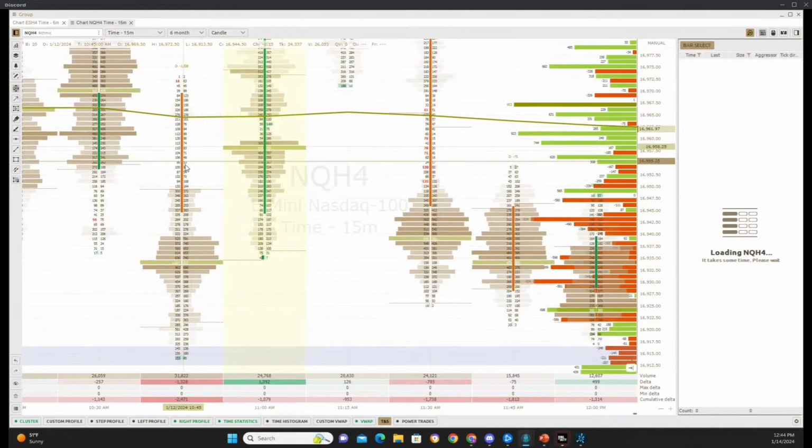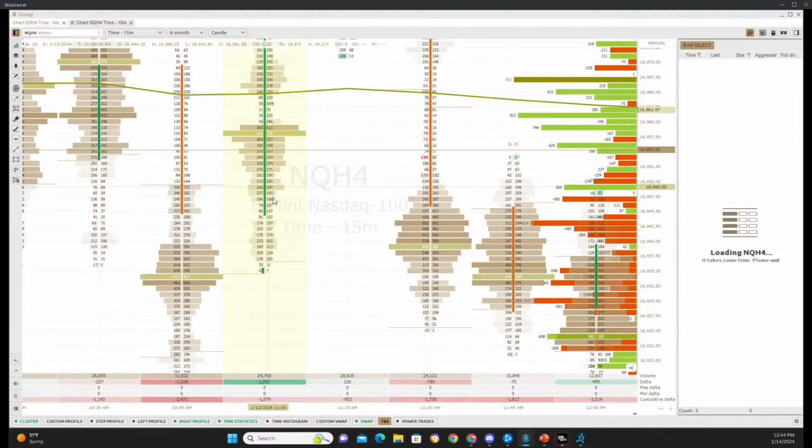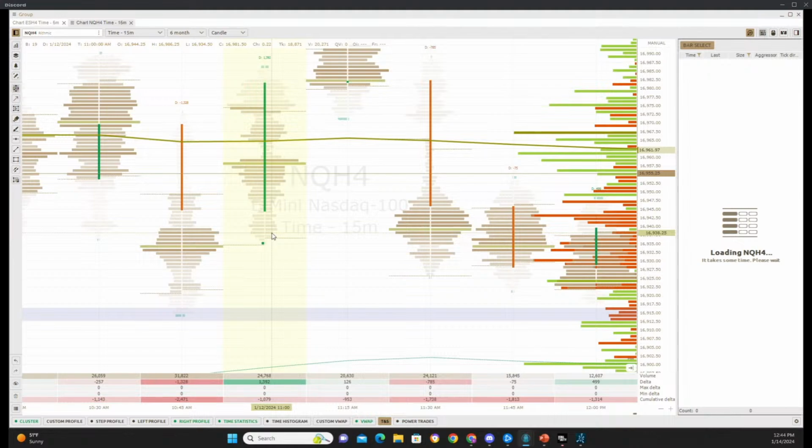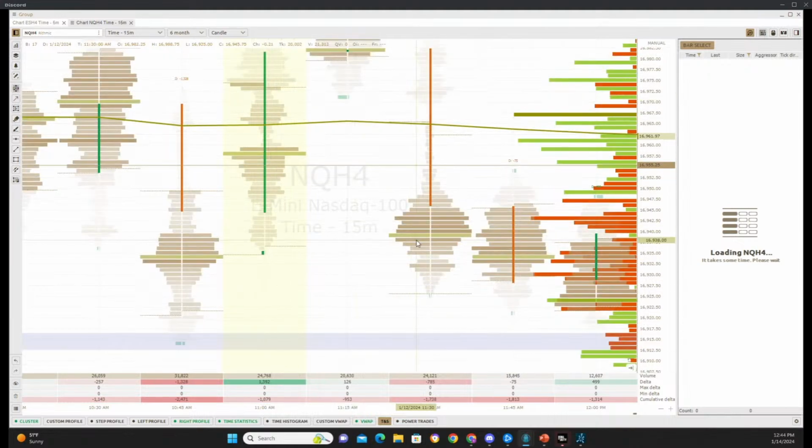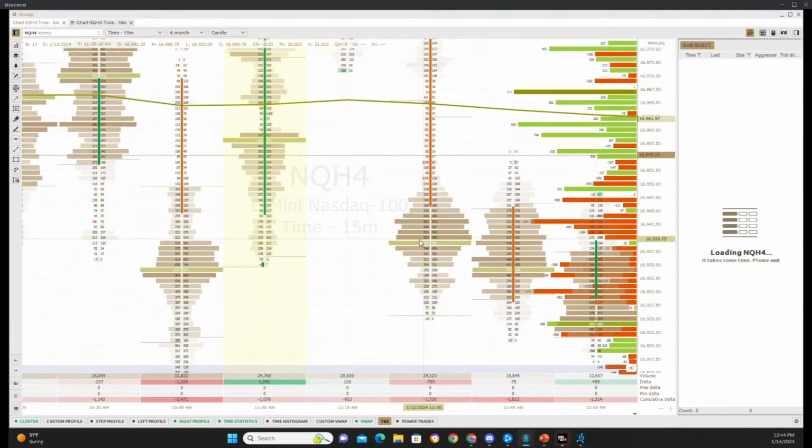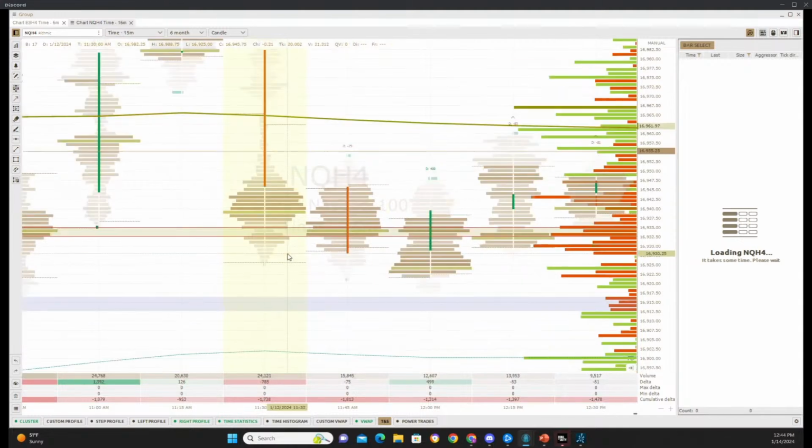As you're coming to this POC on 15 minutes, if you want to see a bounce, I want to see a completed auction on the bottom. I do not want to see any failed auction like you're seeing here if I want to go long here. Because on a revisit, most likely they're going to want to resolve this auction to the downside. You can go lower, yeah.